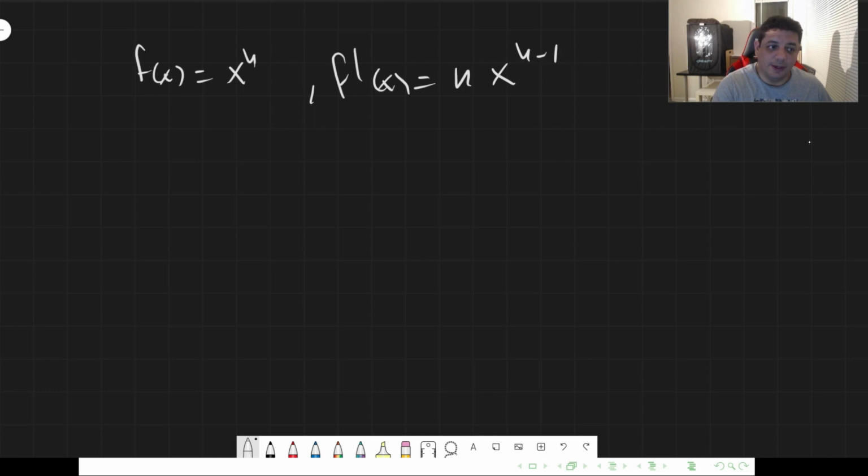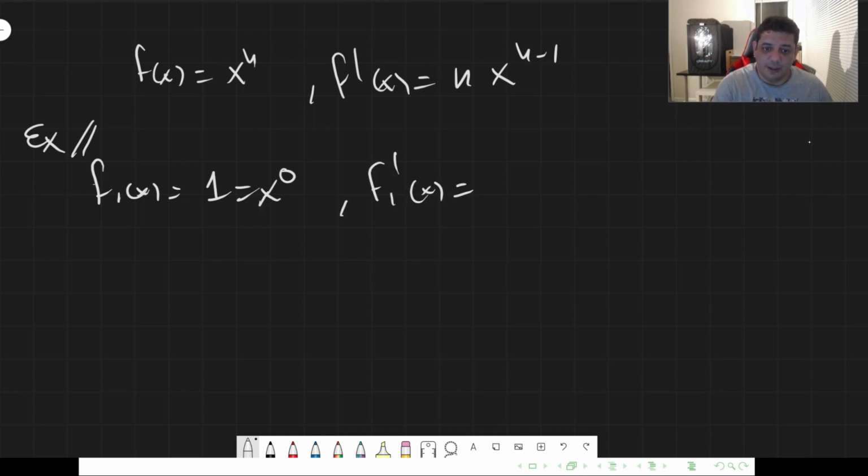And so as examples, if f1 of x is the constant, which can be considered x to the 0, then you can see that f1 prime is just going to be 0, which is essentially 0 times x to the 0 minus 1.